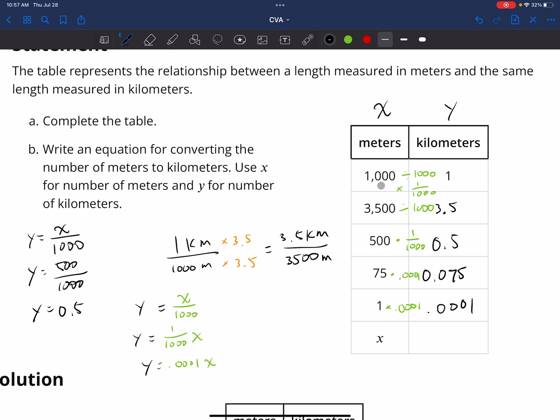There you have it. If I plug in all of these numbers, it's all going to come out this way, okay? And therefore my equation is going to be y is equal to 0.001x.